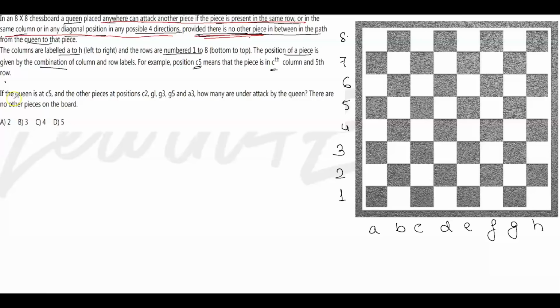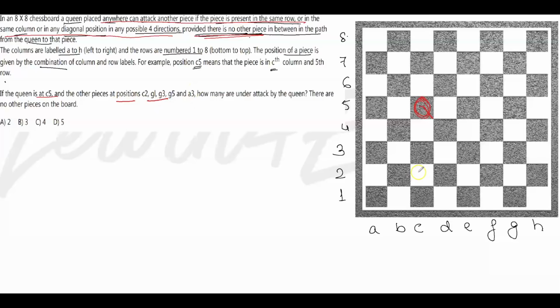Now let's find out. If the queen is at C5, let me mark the queen with a Q. And the other positions are C2, G1, G3, G5. Okay, I have one in C2.